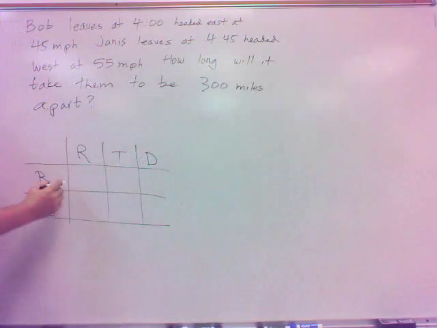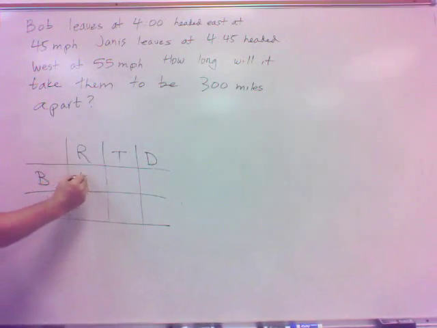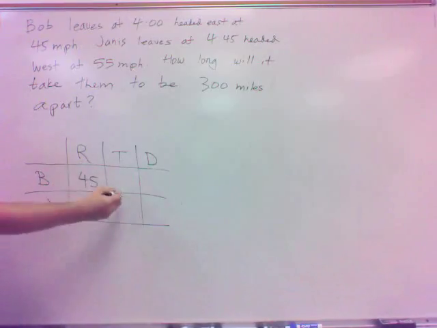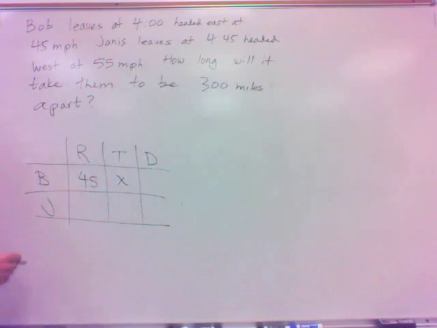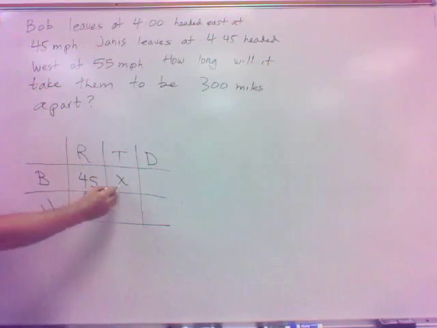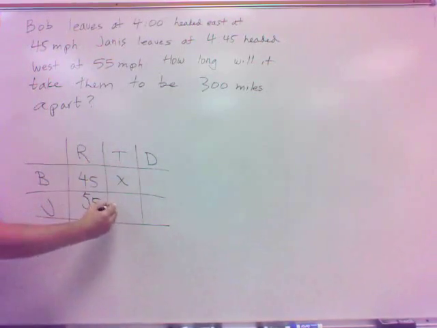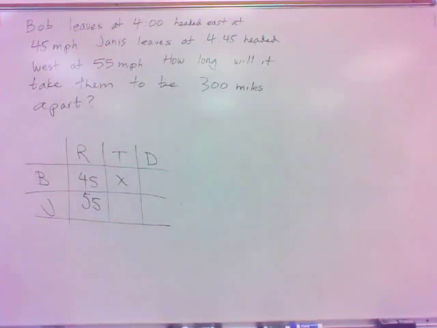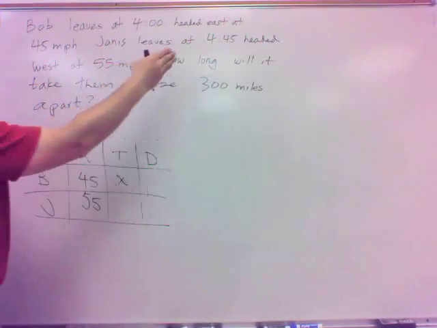The rate of Bob is 45, and the time is unknown, so let's just call that x. Janice is 55. Time is, well, we don't know that either. However, it's not the same amount, so it's not x, but it is related to it.